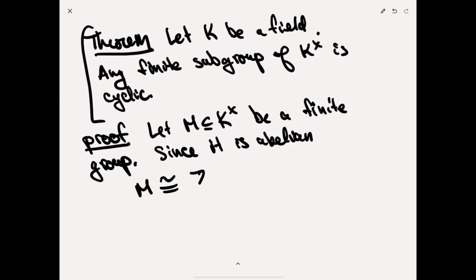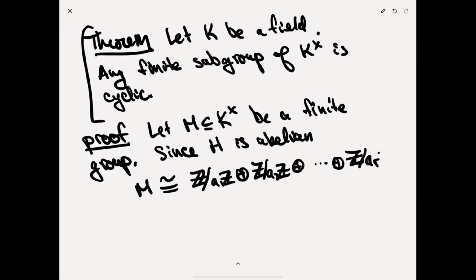It's isomorphic to Z mod A1 Z, direct sum Z mod A2 Z, direct sum, up to Z mod AR Z, where the AI are the elementary divisors.